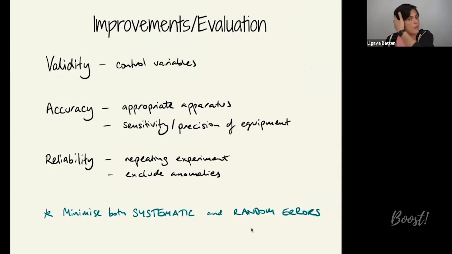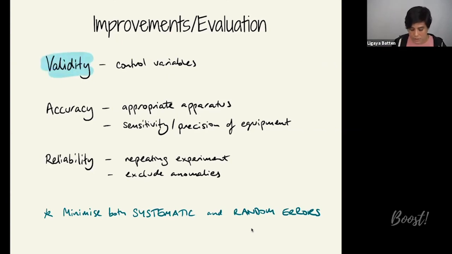Okay, so we already have talked a little bit about specific improvements relating to the main sources of error that you get from these types of enthalpy change experiments. But in general, when we're evaluating our experiment or considering improvements to our experiment, we want to think about these three main things.